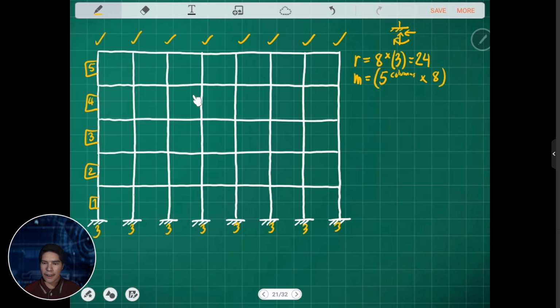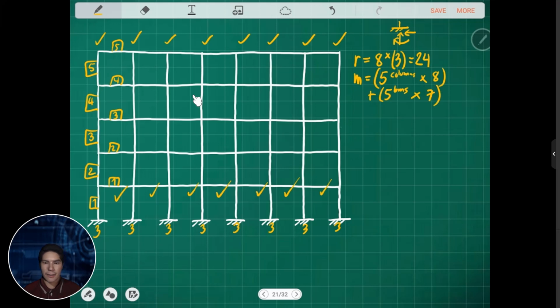And then, let's say we count for this one. So we have 1, 2, 3, 4, 5. So meron din tayong 5 beams multiplied by ilan pala? We have 1, 2, 3, 4, 5, 6, 7. So multiplied by 7.